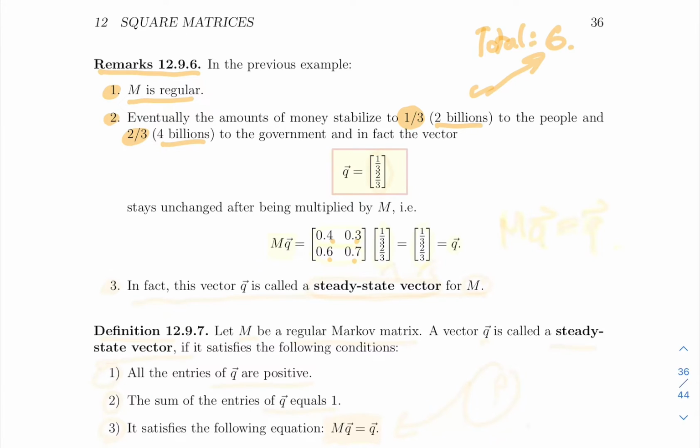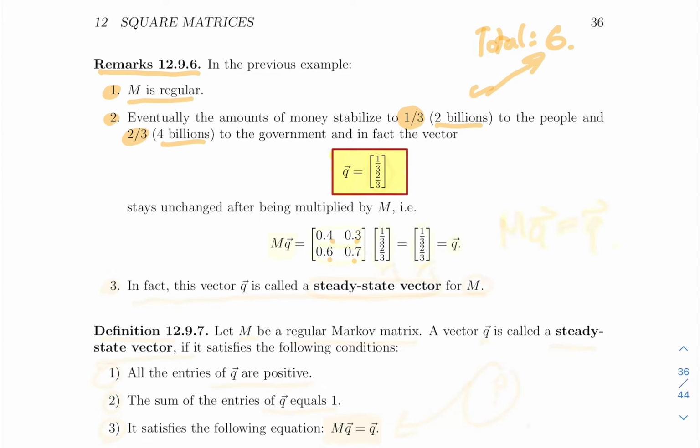This tells us that eventually people will have 1/3 of the money and the government will have 2/3 of the money. If you take this distribution of 1/3 and 2/3, you can create a very special vector that we call Q, where you just put this eventual ratio: 1/3 for the people and 2/3 for the government.